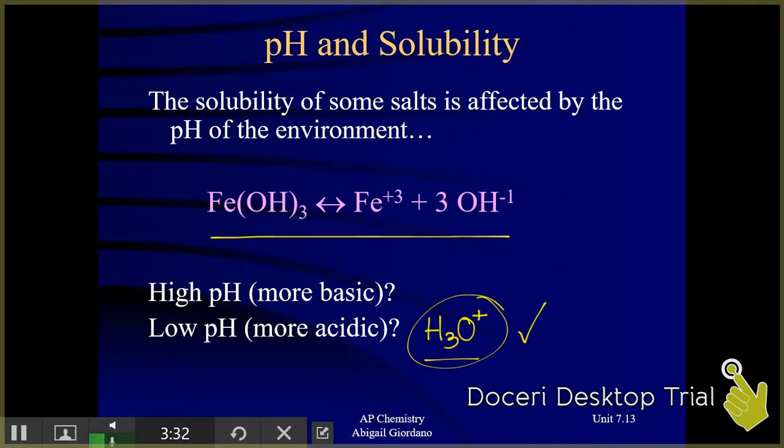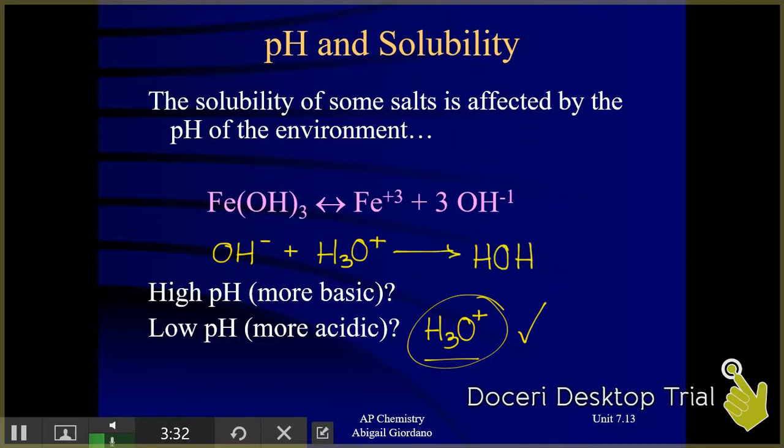And that's exactly what happens. And I'm going to write it out for you. What occurs is the hydroxide ion that is produced by the dissolving process ends up reacting with the hydronium to create water. And to balance it, we put a 2 there. HOH, same thing as H2O.